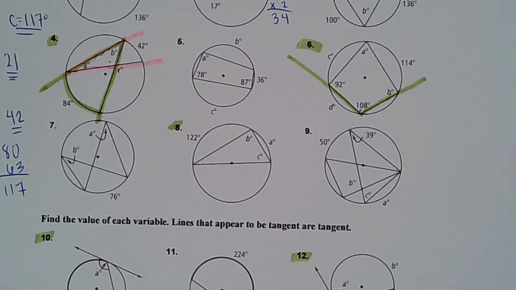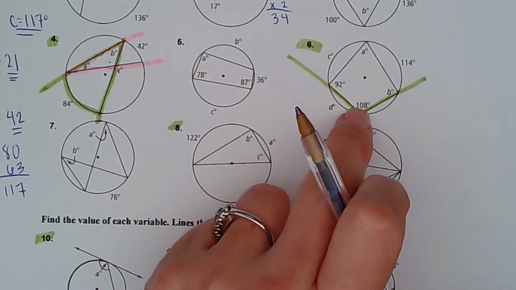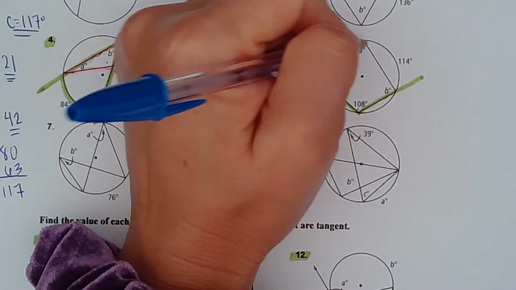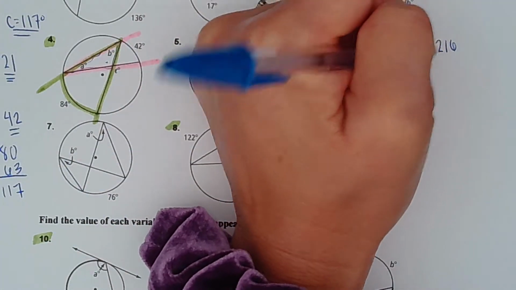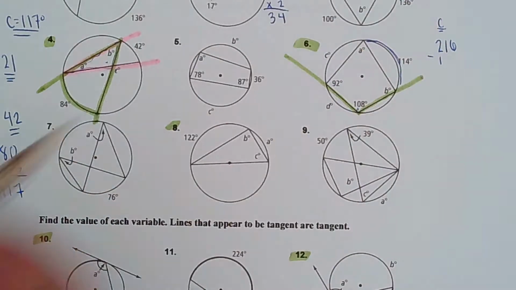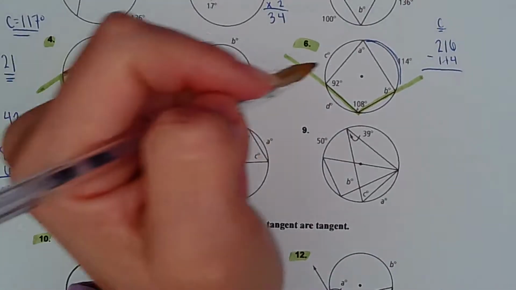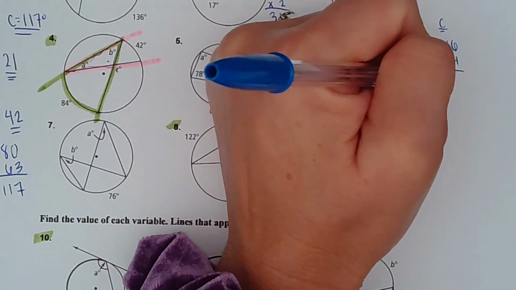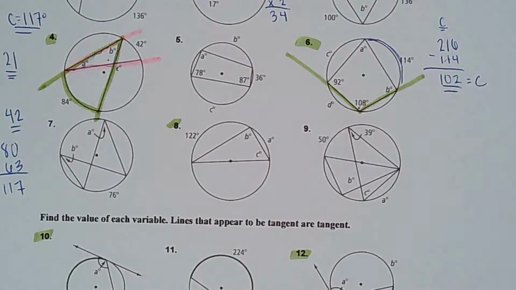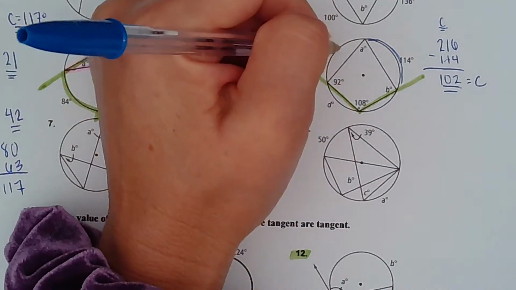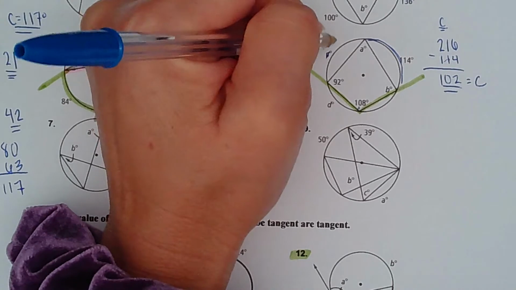So it's got to be 216, which means to find C, since I know that this is 114, I'm going to do 216 and subtract 114, for angle C. And I'm going to go ahead and I'll end up with 102. So I know that C equals 102. Okay, so right here is C. I'm just going to scribble that out and write 102.